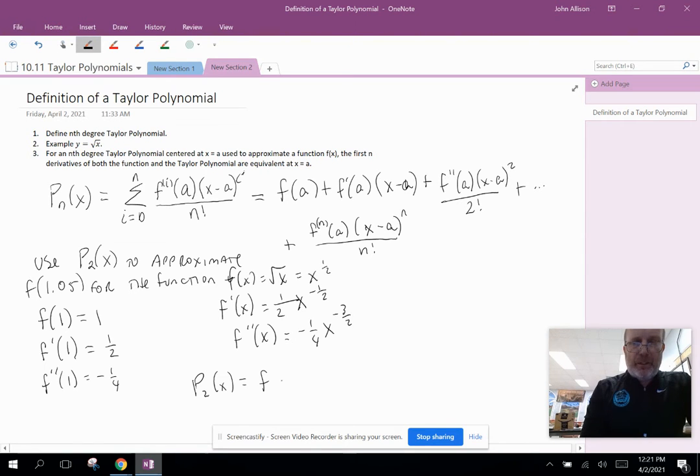The a up here is 1 now. So it's going to be f of 1 plus f prime of 1 times x minus 1, because it's 1 factorial, it's just 1, plus f double prime at 1 times x minus 1 squared over 2 factorial.